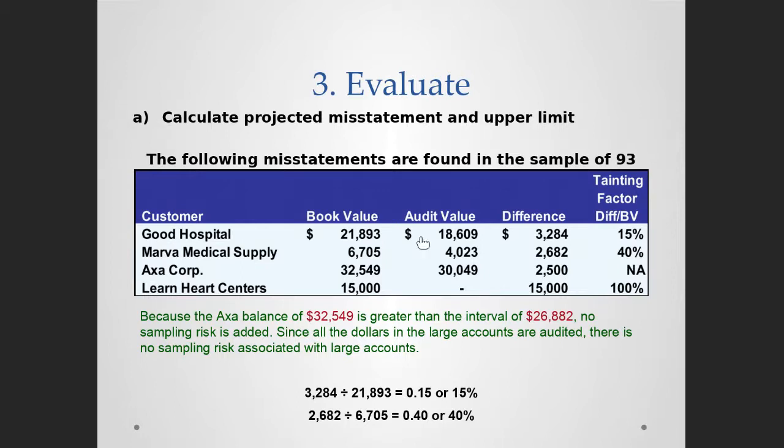So your audited value. What does this table represent? Good Hospital has a book value of 21,893 in the client's records. You send Good Hospital a letter and they come back and say that 18,609 is the actual amount, and you investigate and find that 18,609 is the accurate amount.